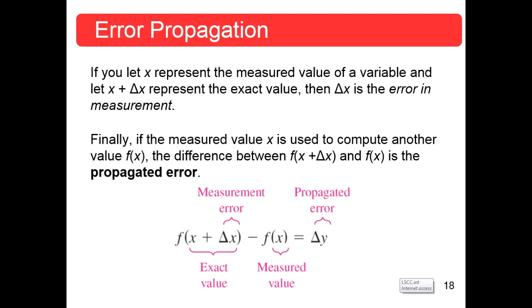And that's your delta y, okay? The difference between the y value at the actual and the y value of your measured gives you your propagated error. Your measurement error was this delta x part here.